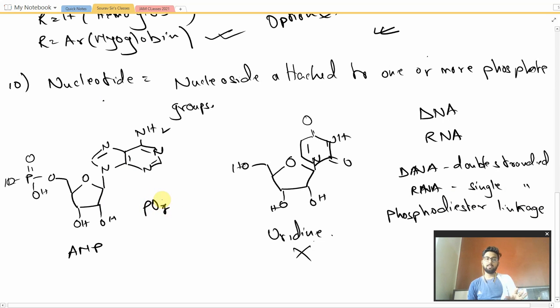Here you can see that PO4 is there, and if we remove the 2H, we will have this PO4 3 minus group. In uridine that is not the case, and in DNA and RNA, though there are phosphate groups, they are attached in a diester linkage, and therefore this kind of species is not formed. So the correct option will be option A.